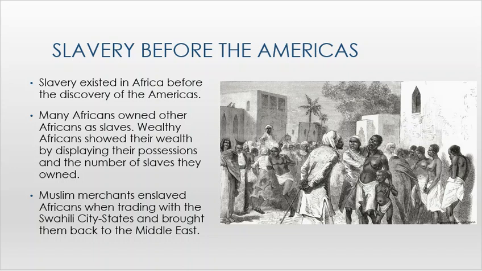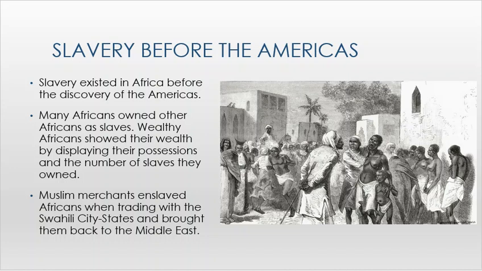Wealthy Africans showed their wealth by displaying their possessions, and a number of slaves would also be on display to show their vast wealth. Remember, slaves are pretty much property or possessions. Muslim merchants would enslave Africans, and usually these merchants came down to the Swahili city-states by ship or boat, maybe Arab dhows, and they would purchase slaves and bring them back up to the Middle East and other regions of that area.